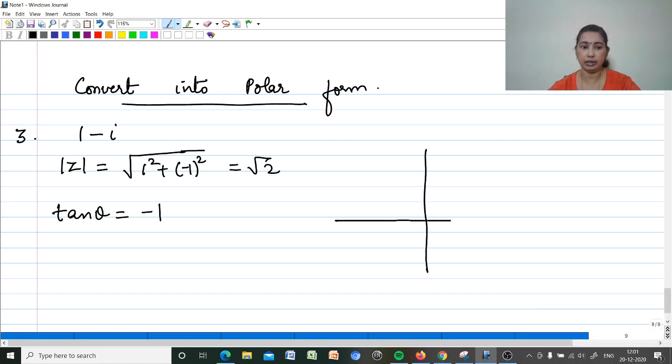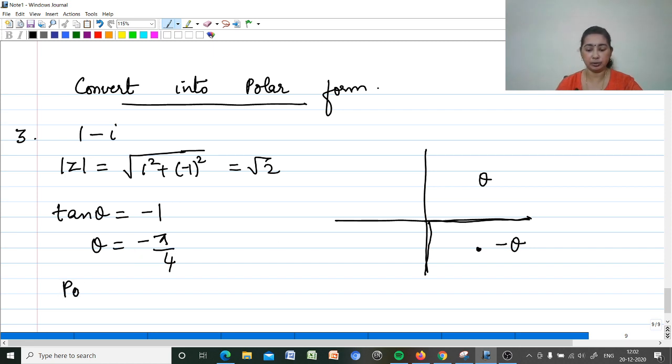See that x is positive means this side, y is negative means here. So it is in the 4th quadrant. So in the 4th quadrant, here if it is theta, here we have to take it as minus theta. So the answer will be, theta will be minus pi by 4. Theta is equal to minus pi by 4 since it is in the 4th quadrant.